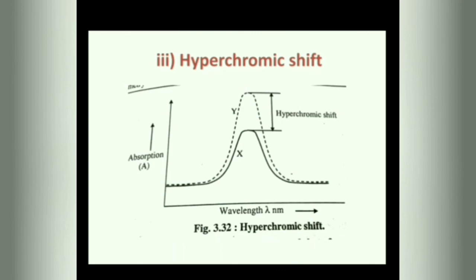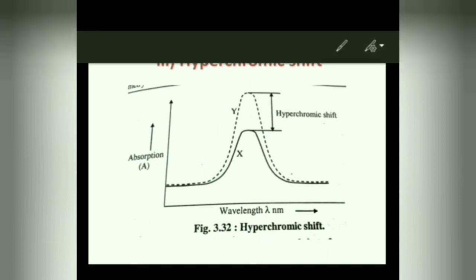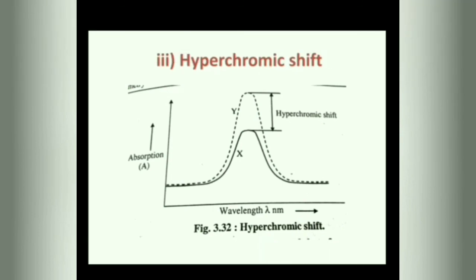This effect shows an increase in intensity of absorption, and it is usually brought about by the introduction of an auxochrome in a molecule. Here the intensity of a peak increases by the attachment of the auxochrome, which is explained in this graph of absorption versus wavelength. X is the normal one and Y is the expected, that is the hyperchromic shift. Here the intensity of the graph is increased.